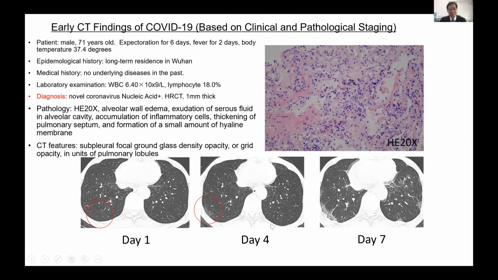You can see day one, the first day. Now imaging is 4D. You can see here patchy density GGO, small GGO increasing.